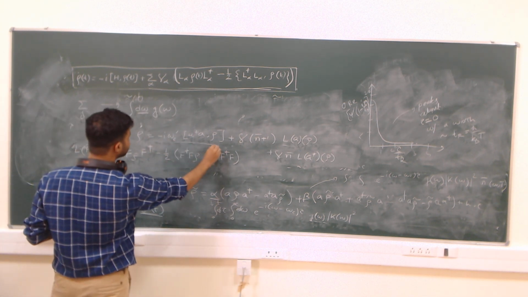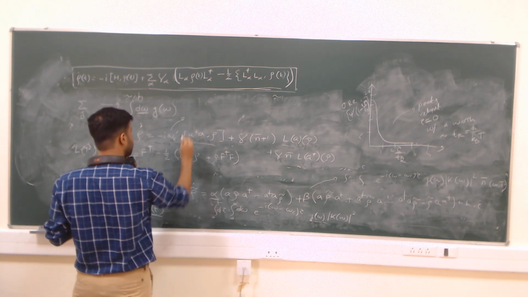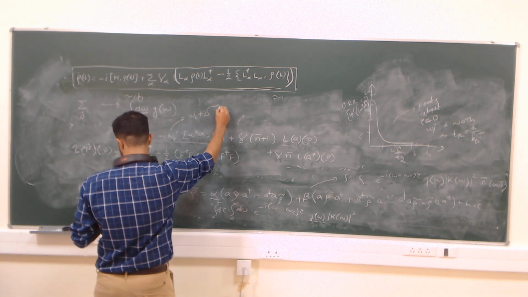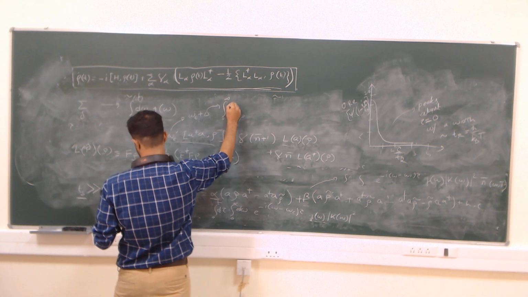And the primary part, if you focus on this, omega c prime is just omega c plus some delta, and this delta is some integration of this.